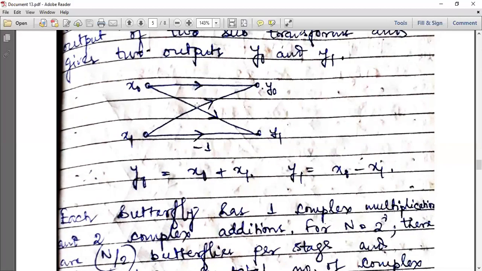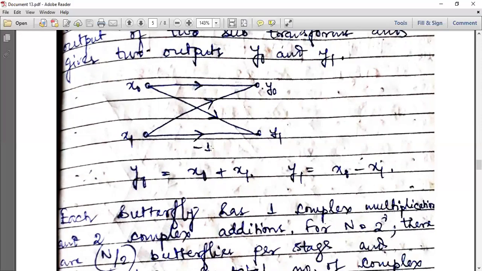Similarly, y1 equal to x0 minus x1. Why minus x1? Because the line joining x1 and y1 has a constant minus 1 associated with it. So y0 will be x0 plus x1 and y1 will be x0 minus x1.